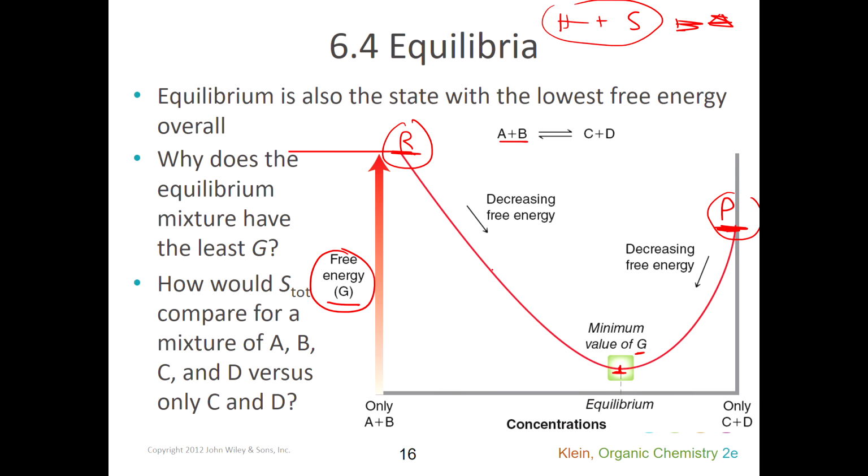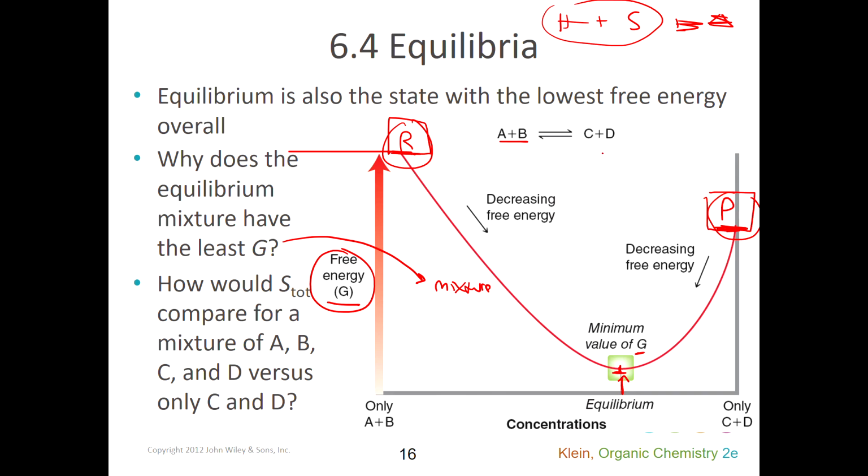So it'll eventually go down, and that's where my equilibrium is, at the point where the free energy is the lowest. So why is there less free energy here than on the products or the reactants? Well, that has to do with entropy. Why does the equilibrium have the lowest free energy, lower than the reactants or the products? Because it's a mixture. Here, all my molecules look exactly the same.